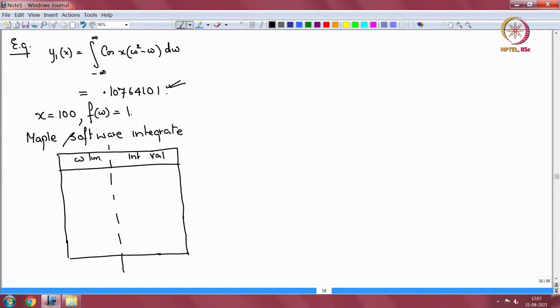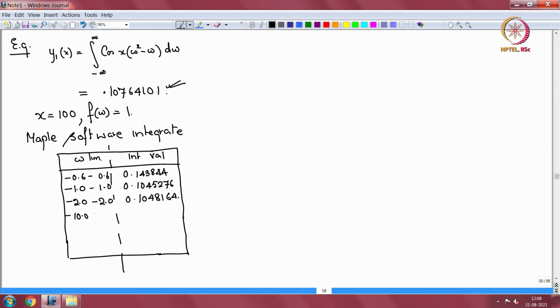From minus 0.6 to 0.6, I get 0.143844 and so forth. Minus 1 to 1, I get 0.1045276. Minus 2.0 to 2.0, I get 0.1048164 etc.